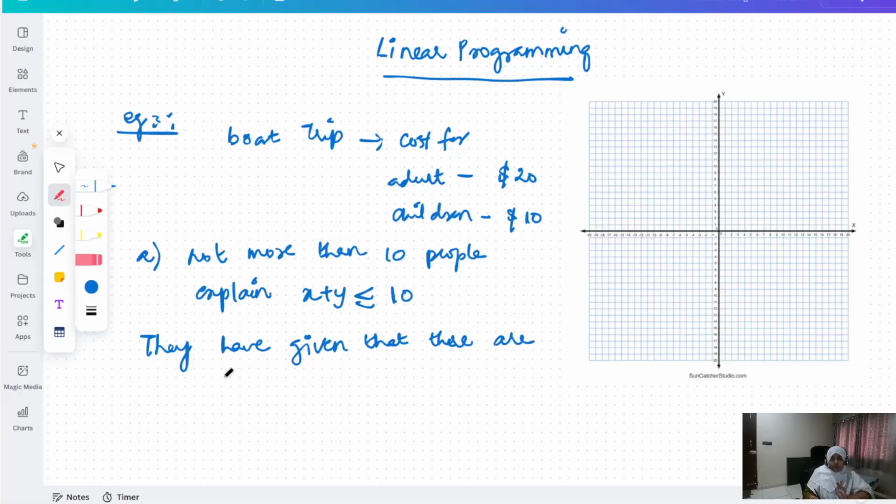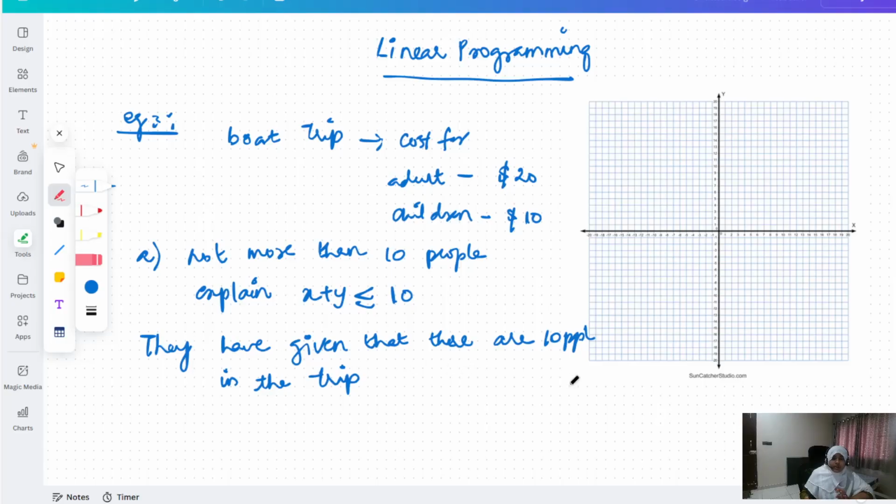Ten people in the trip means when you add both the number of adults and the number of children, it should not be more than 10, because they've given a strict condition that there are only 10 people in the trip.